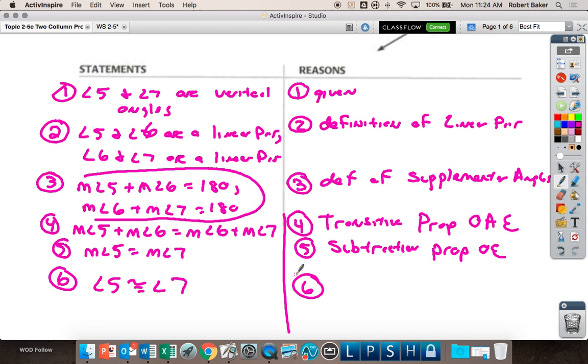So how are we able to switch from equality to congruence? The definition of congruence. Yeah. Because if they're congruent, they are the same. If they are the same, they are congruent.